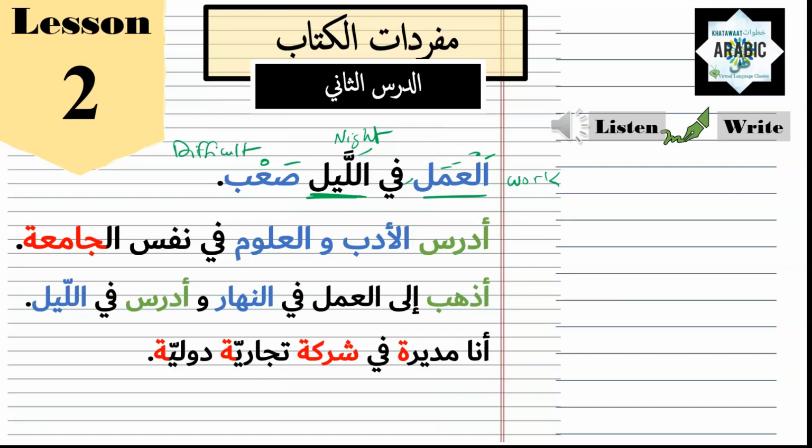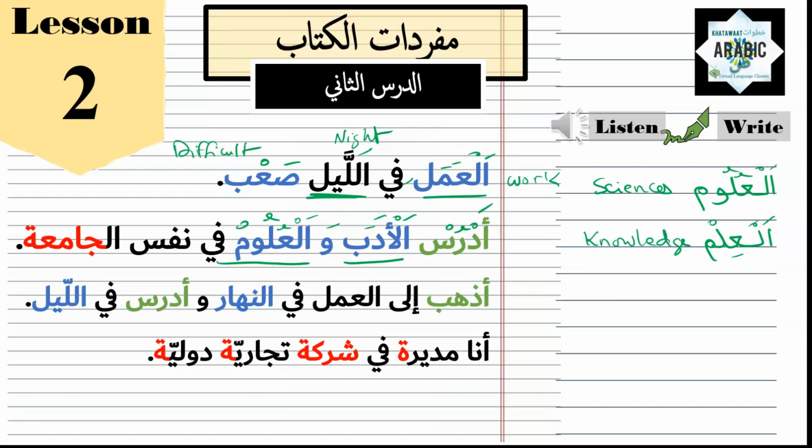العمل في الليل صعب. Then we have the verb الدرس, الأدب, والعلوم. We learned الأدب in lesson 1. Now we have العلوم, sciences. If you're thinking of the word العلم, that's knowledge. So here العلوم sciences, العلم knowledge. And if you're thinking of علم, that would be to teach, to instruct.